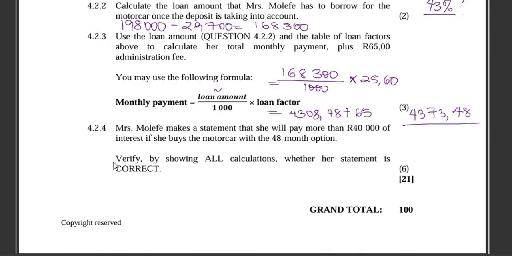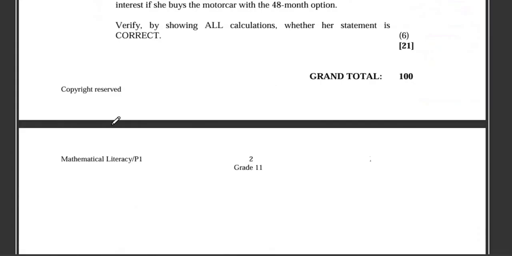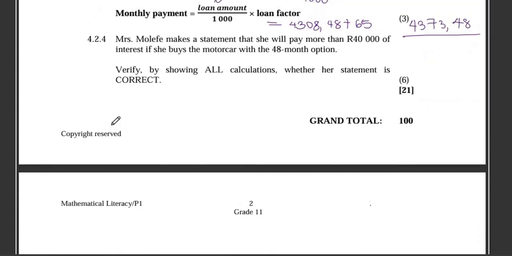Okay, now we come here. 2.4. Mrs. Molefi makes a statement that she will pay more than 40,000 of interest if she buys the car with the 48 months option. All right, let's verify that. Remember, we've already seen that she pays this much every month.